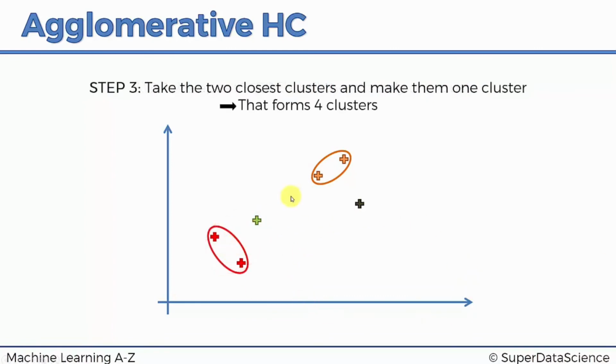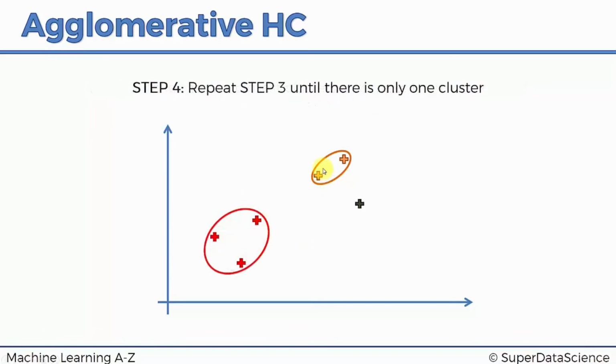Next, you repeat step 3. So next, out of these clusters, out of 1, 2, 3, 4 clusters, so you can see we had 5, now we have 4. Every time you're reducing the number of clusters by 1. Out of these 4 clusters, which are the closest? Well, this seems as the closest cluster, so we're going to combine that. Now, out of these 3 clusters, which are the closest? Well, it looks like these 2 are. So you're combining them.